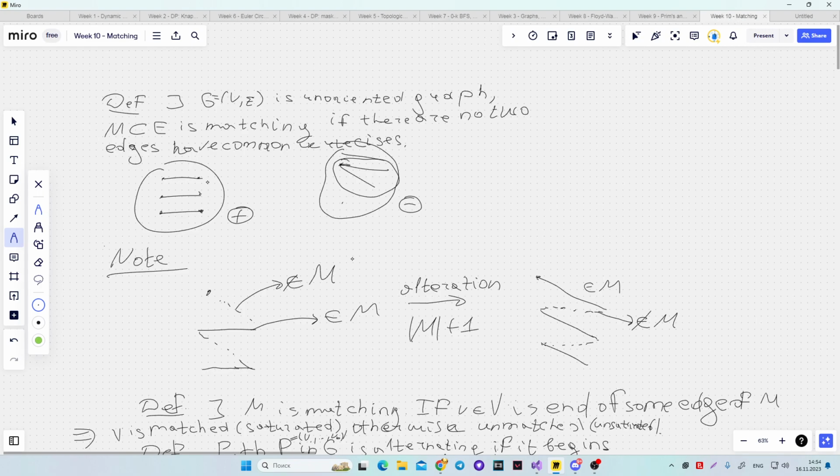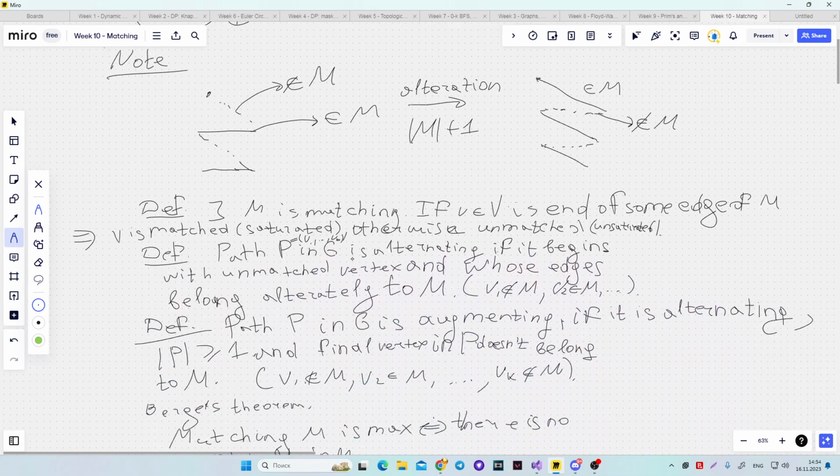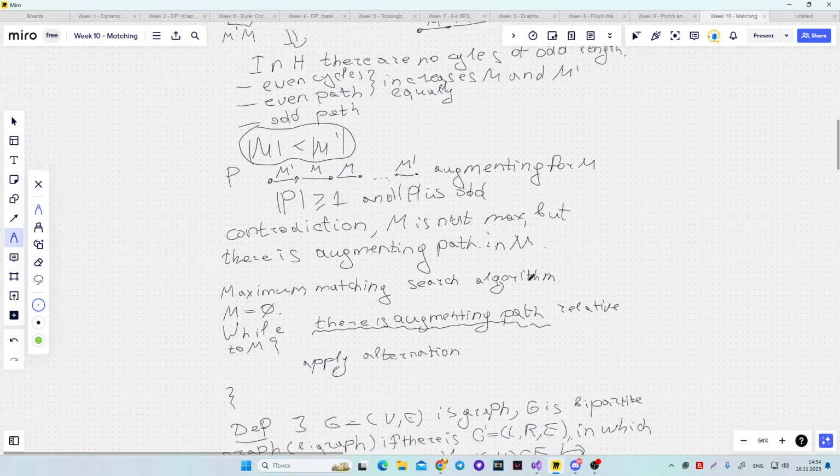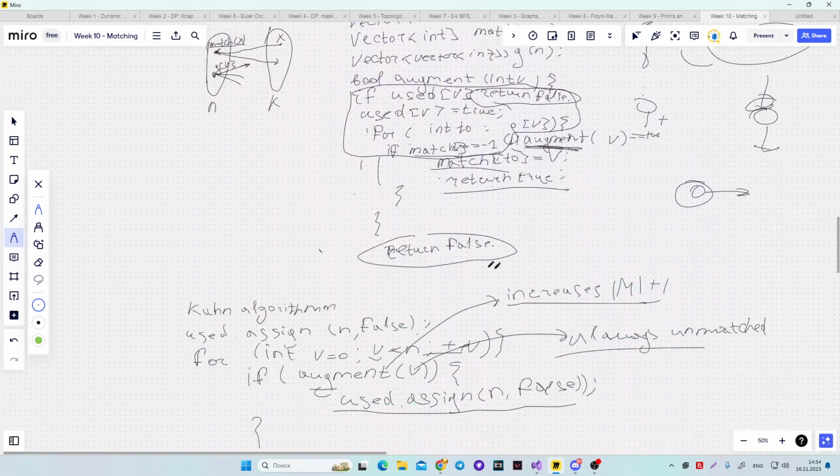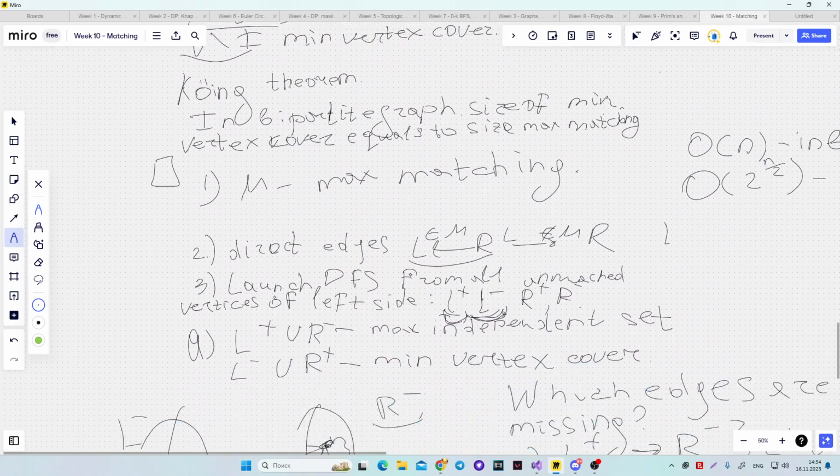If we consider some vertices that belong to L or R, we get that each vertex has a unique edge.